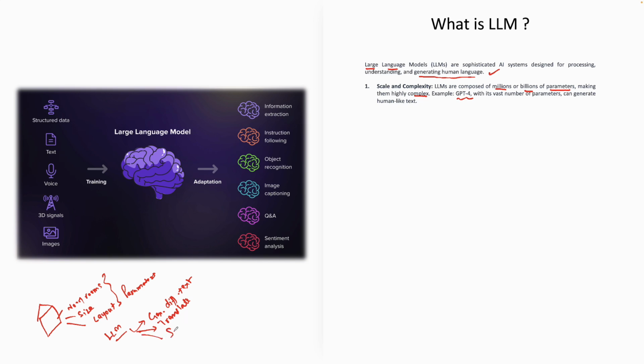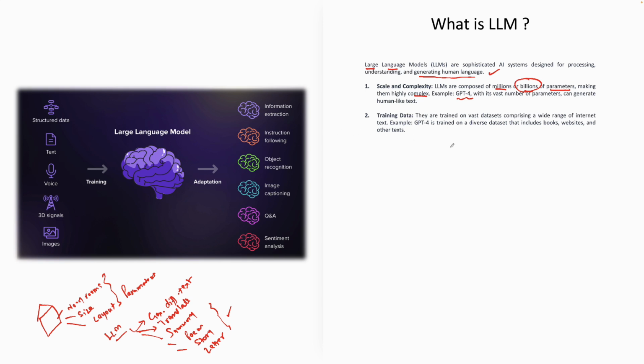It can create a summary for you. It can create, let's say, a poem, a story, a letter. These are just a few examples of parameters, but here we are talking about billions of parameters. So just think about it. Because of that, there's a huge scale, and that makes the model complex.